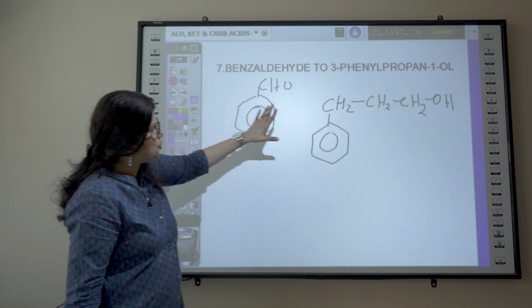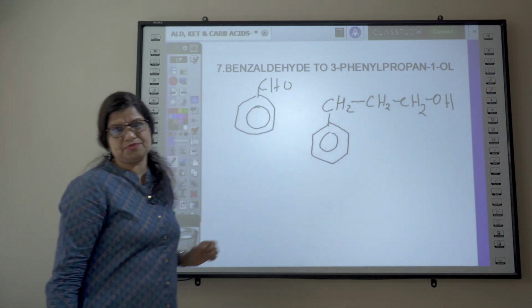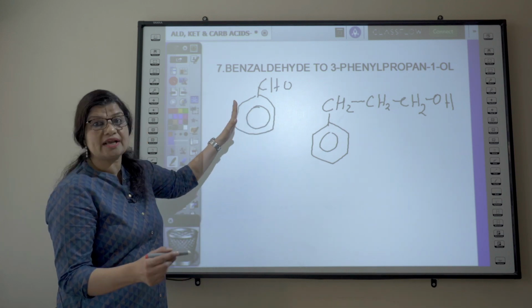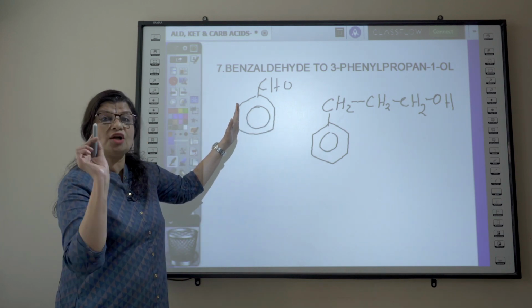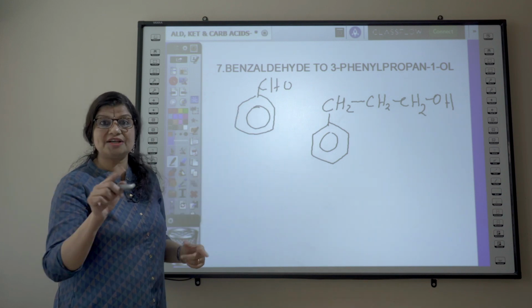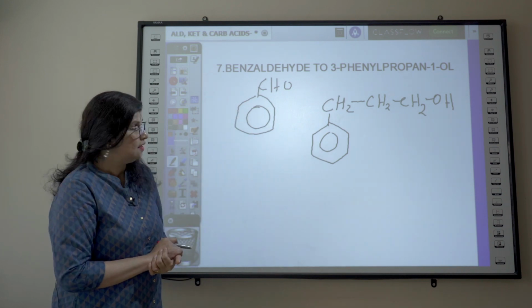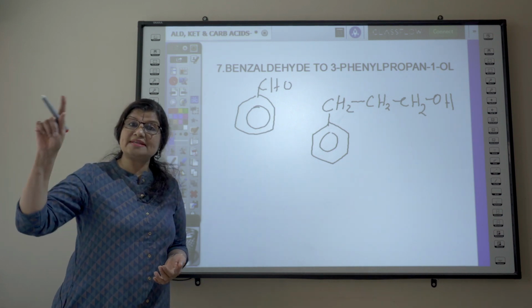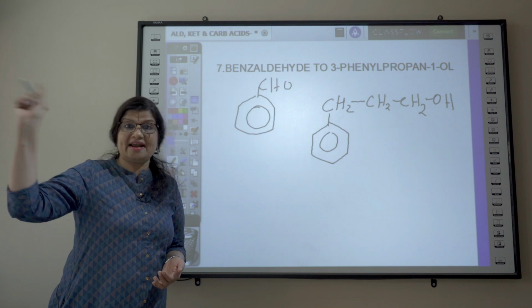We have to introduce 2 more carbon atoms, and the only way to think about that is an aldol condensation reaction. Let's see if aldol condensation reaction will work. Alright. So, you know that aldol condensation gives you an alpha beta unsaturated aldehyde, right?